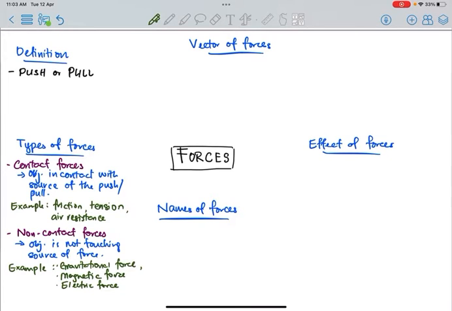Alright, other than those, you also need to know all the names of the forces that are involved. For example, the basic force that we know will be friction, due to surface roughness.